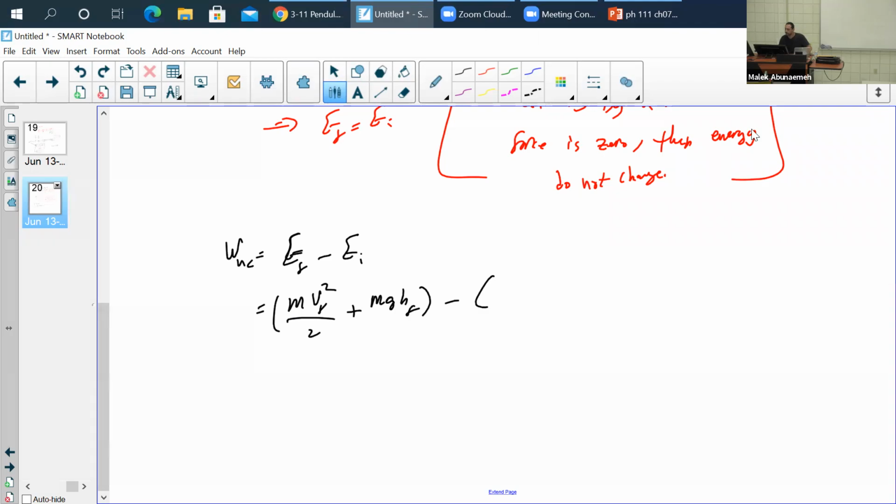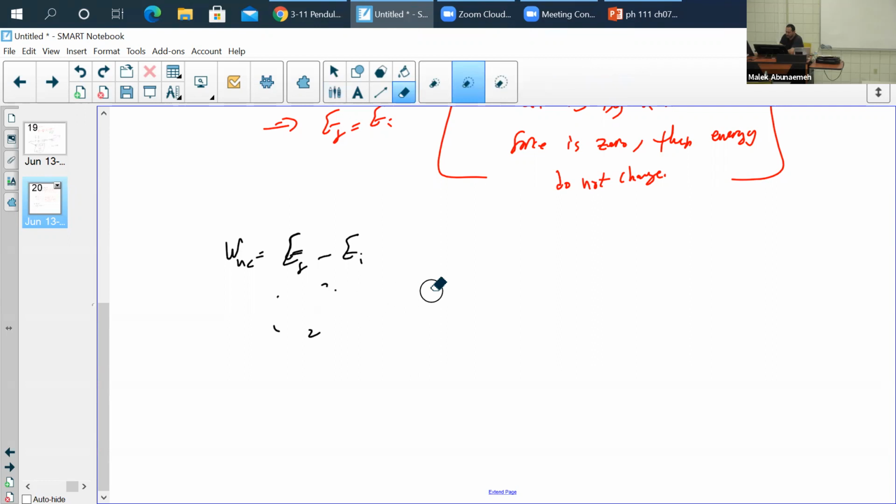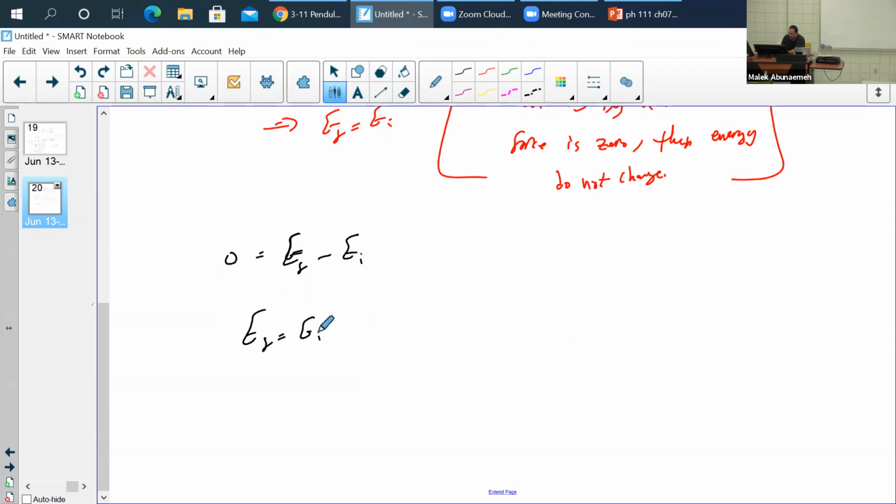Well, I'm going to go ahead and reorganize this. We said this is going to equal 0. So that means your final energy is going to equal your initial energy. That means mv final squared over 2 plus mgh final is going to equal mgh initial plus mv initial squared over 2.